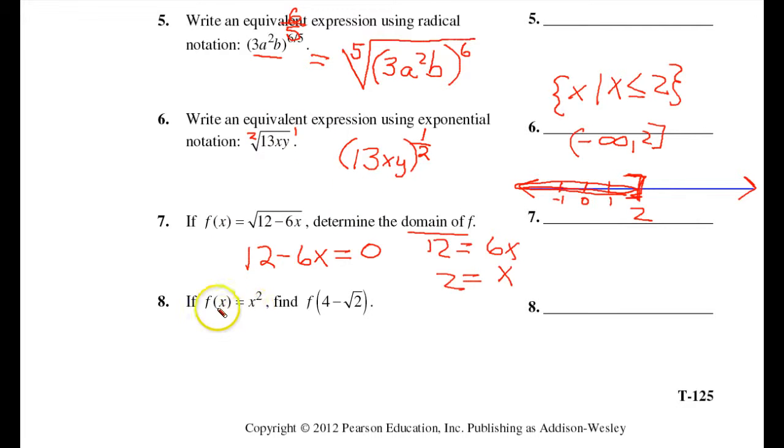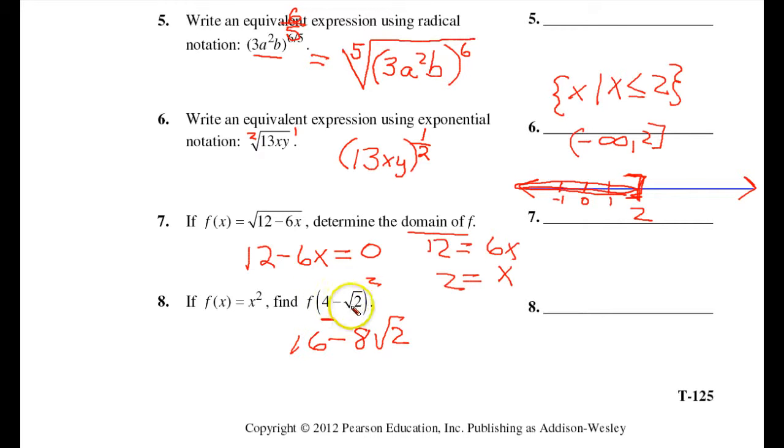Now here they want you simply to expand this so that it's x squared. Well, that special method of squaring this becomes a 16. We're going to multiply this together, get a negative 4 square root of 2, double it, a negative 8 square root of 2.